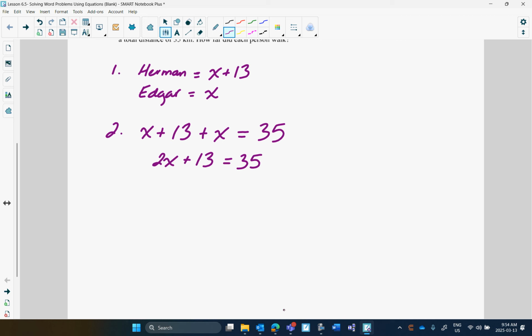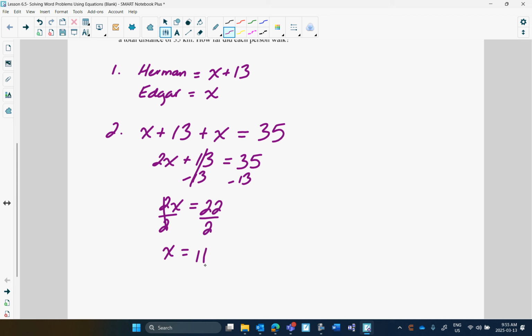And now it's just a matter of getting x by itself by moving stuff over. What do I do next? Subtract 13 from both sides, and I get 2x is equal to 22. Last step, divide both sides by 2, and x is equal to 11.